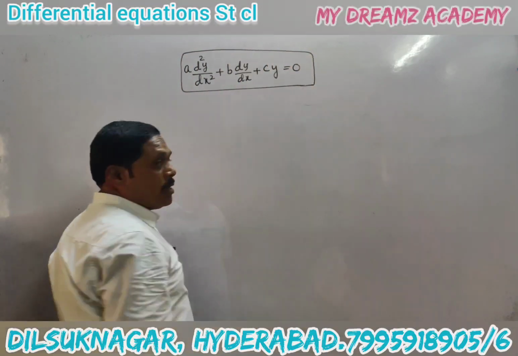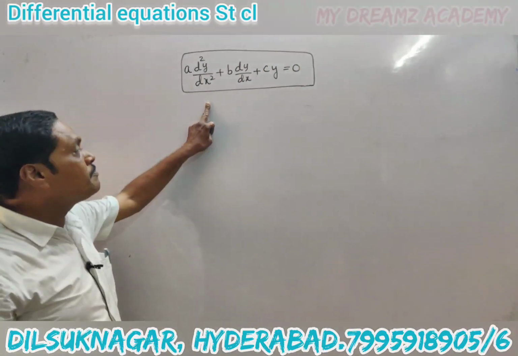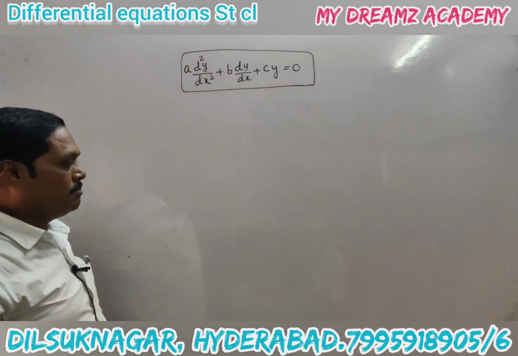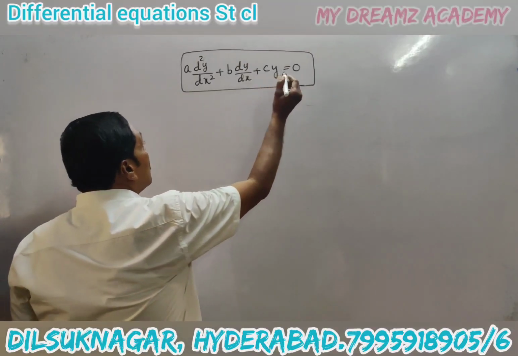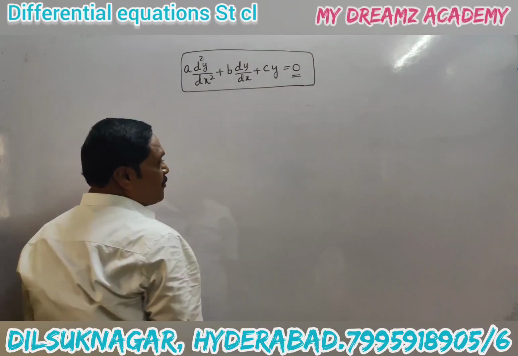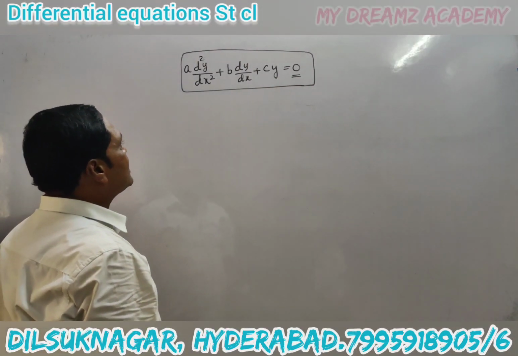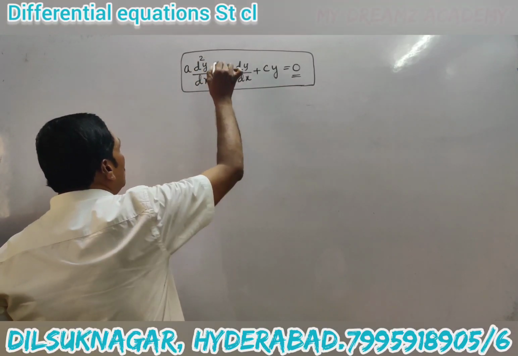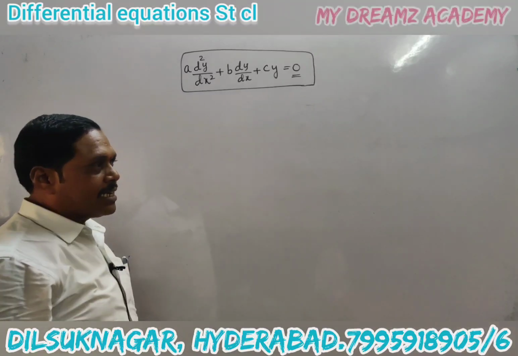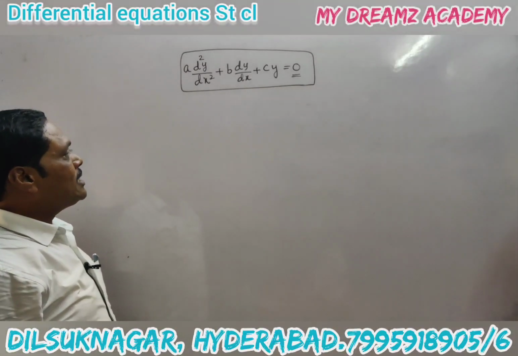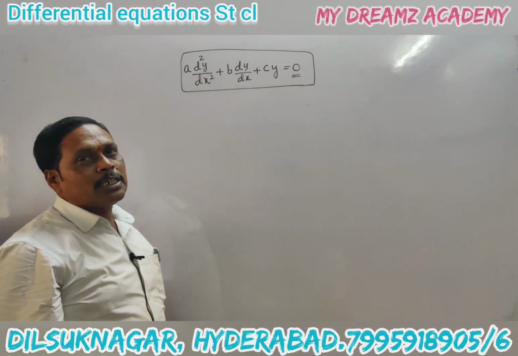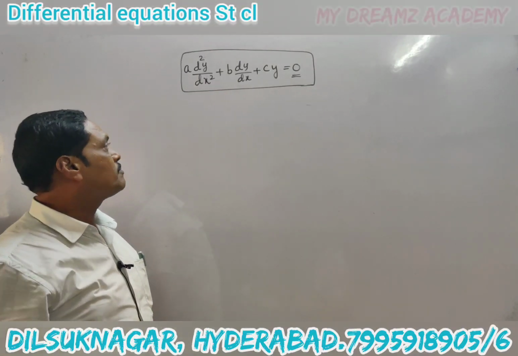See here, this is a differential equation involving the derivatives of y with respect to x. The constant is 0, therefore it is called a homogeneous equation. And the order is 2, that is d square y by dx square is there. So it is a second order homogeneous linear differential equation.